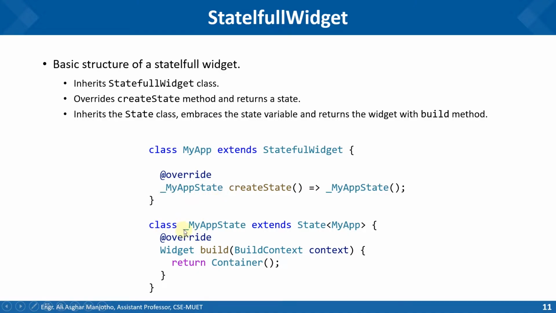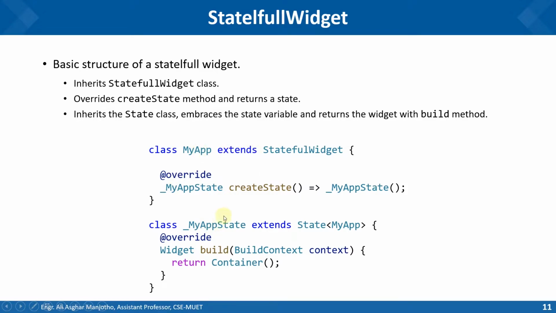So if this class has the name _MyAppState, it becomes a private class, which means it cannot be accessed outside this file. And _MyAppState here is an object of this class, which will be assigned to a private variable.